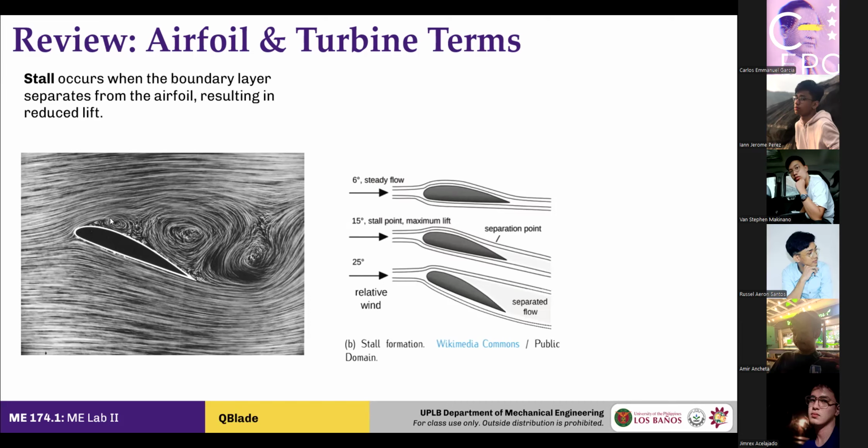So, kapag nag-delaminate na yung fluid from the top surface of your airfoil, hindi na siya makapag-generate ng lift characteristics na associated with the airfoil. So, nag-separate na siya completely, and because nag-separate siya, nagkakaroon ka ng low pressure area, and these eddies, they start to occupy yung low pressure zone na to.